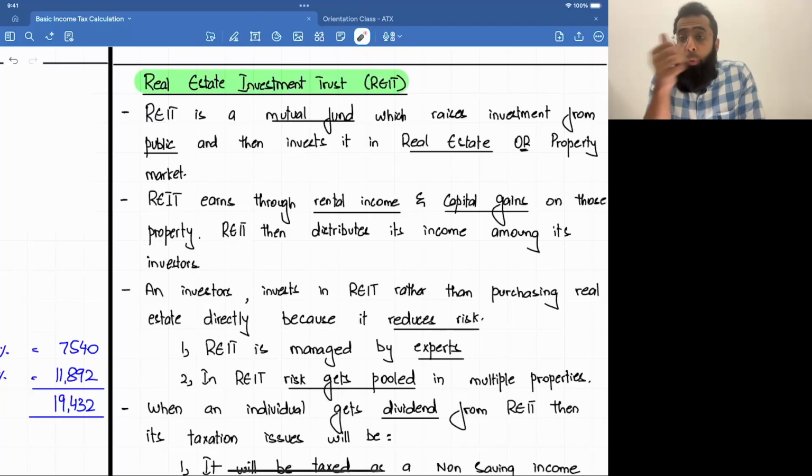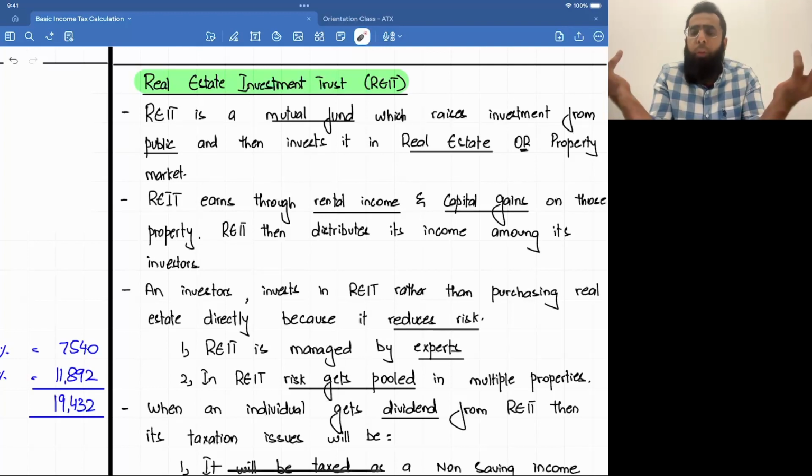Now, one important question. Sir, why invest in a real estate investment trust? Why not directly buy a property? You all know properties are expensive. You cannot buy a big real estate if you have very limited investment. So we invest in real estate investment trusts, like $1,000, $500, maybe someone has £1,500, someone has £800, whatever small amounts we have.